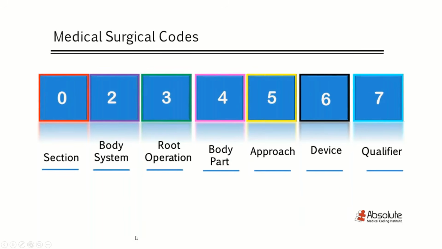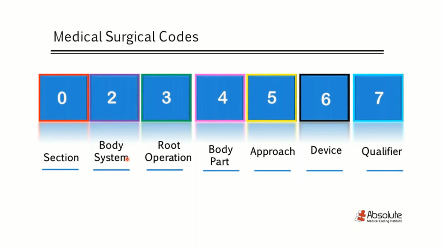All right, so a medical surgical PCS code has 7 characters as well. Now, this PCS code can tell you a lot about the procedure. As we've discussed, the first thing, the section, tells you where in the book we're coding. So we know we're coding medical surgical, and it should be 0.